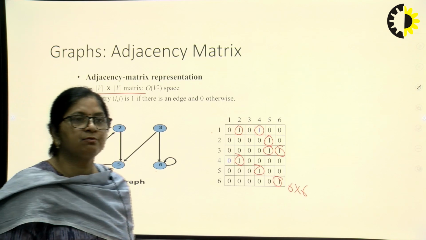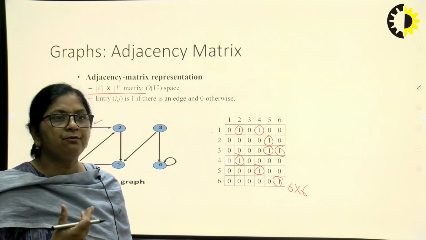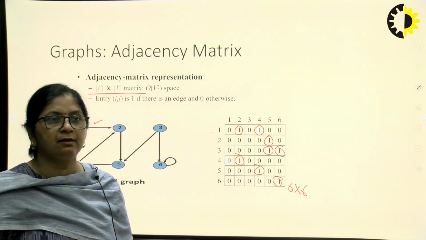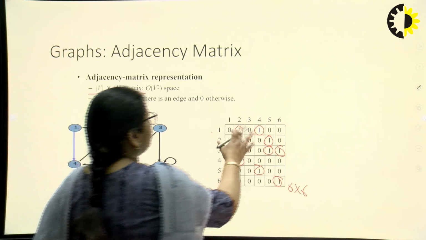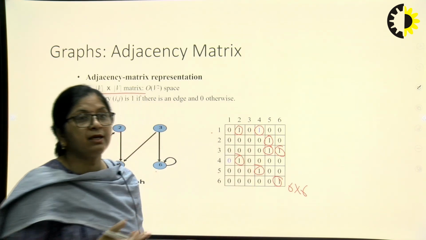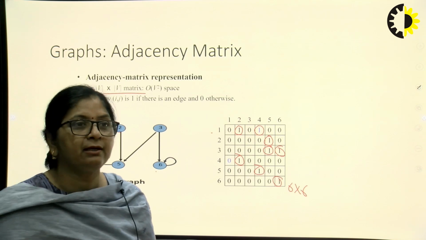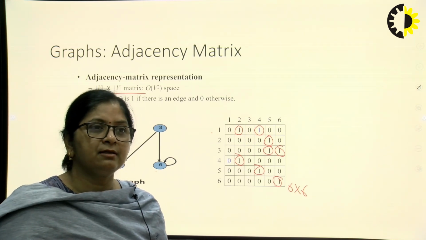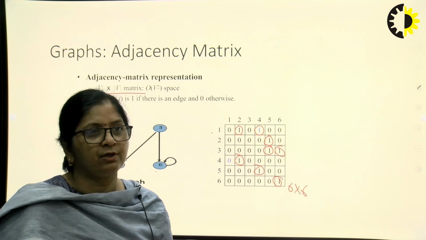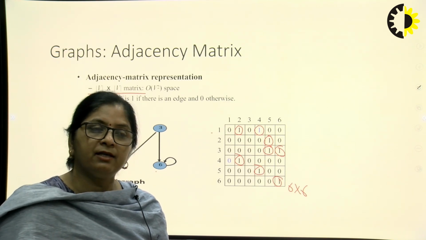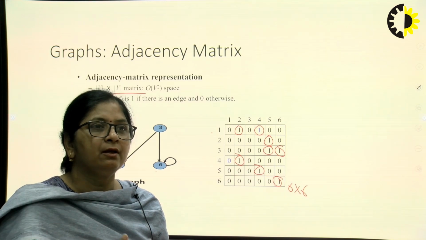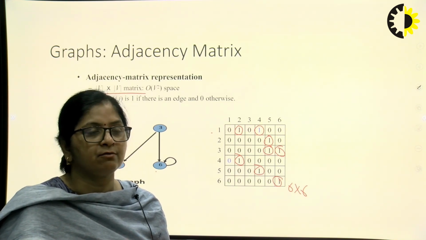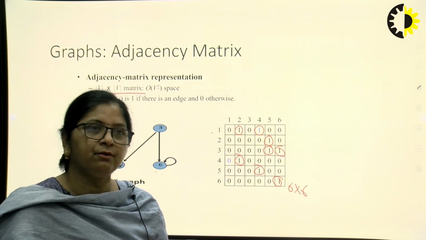But when there is a sparse graph, it means very few edges are there. What does it mean? Most entries will be zeros. So what we are storing is that the edge doesn't exist. When an edge doesn't exist, what is the use of storing that information? So in that case we go for the adjacency list, because very few nodes we have to create.